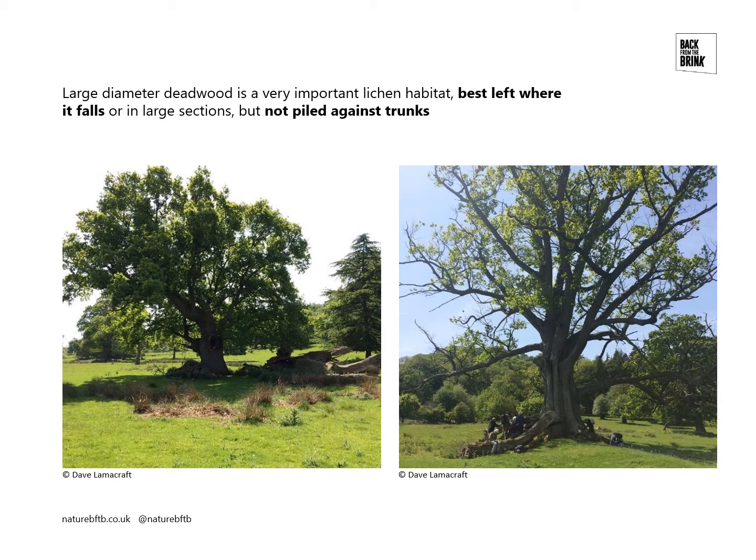So that's pretty important. You can see the photo on the left. There's some big old chunks of deadwood left there on the ground, but there's also a pile of deadwood against the trunk on the left there. And this is pretty bad practice really in terms of lichen interest at least.